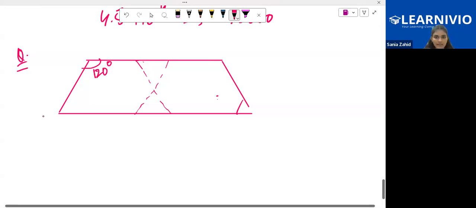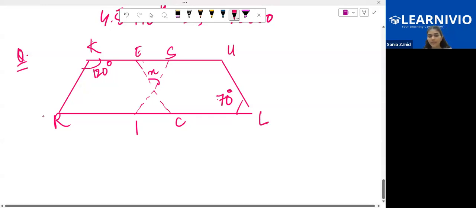This angle is 70 degrees. Now you have to find angle X. Okay, I'll just mark this as R, I, S, K, one parallelogram. This is C, E, U, L, the second parallelogram. They are joined in such a manner. Just find the value of X.